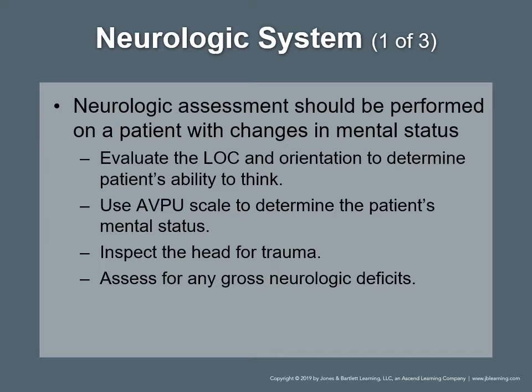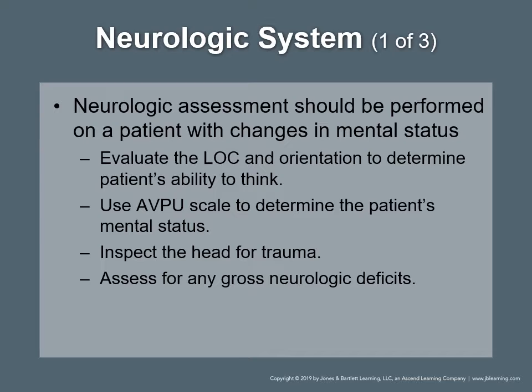So it's a fairly in-depth thing to do a full neurological exam. And as we go into our body systems and talk about strokes and head injuries and things, I'll give you more on how to go into more of a detailed neurological exam, checking the cranial nerves and checking for stroke signs and that sort of thing.